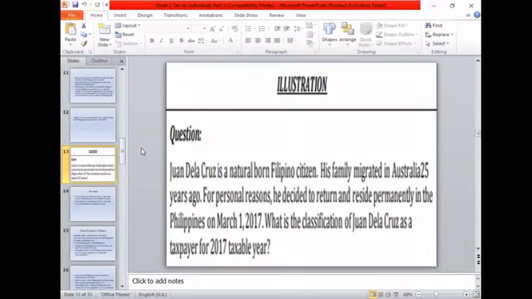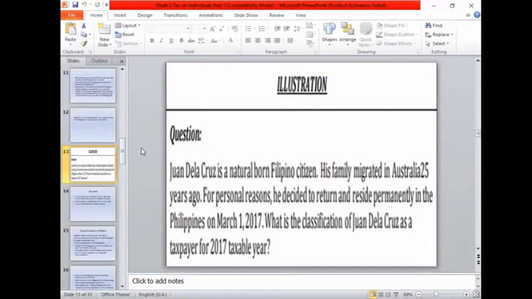Then Juan de la Cruz decided to return and reside permanently in the Philippines on March 1 of 2017. So the question is, what is the classification of Juan de la Cruz as a taxpayer during the taxable year of 2017?